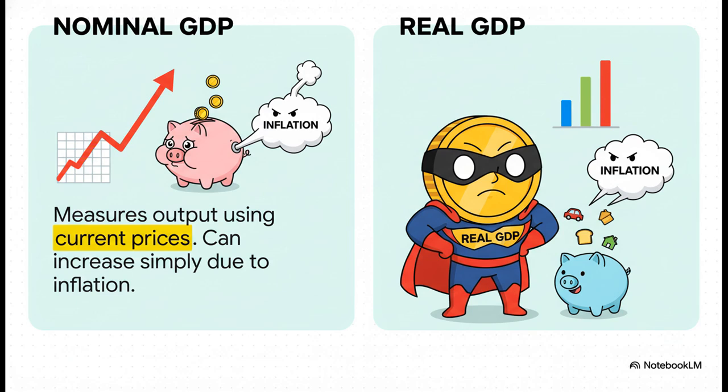Nominal GDP, which is what we saw in that first chart, uses today's prices. But think about it. If prices just go up because of inflation, your nominal GDP will go up too, even if you didn't actually make any more stuff. That's why economists love real GDP. It's the hero here because it adjusts for inflation, so it gives us a much better idea of whether an economy is actually growing and producing more.